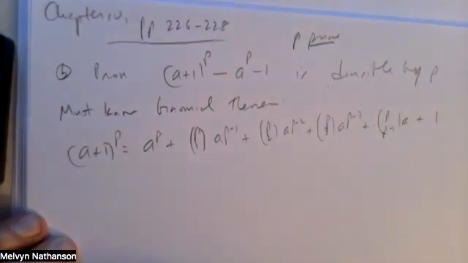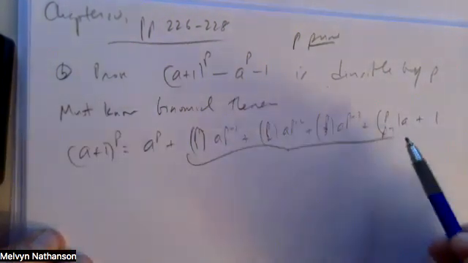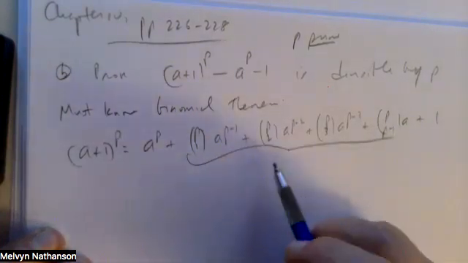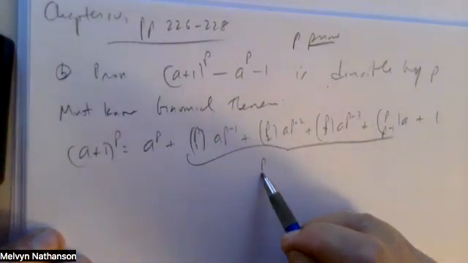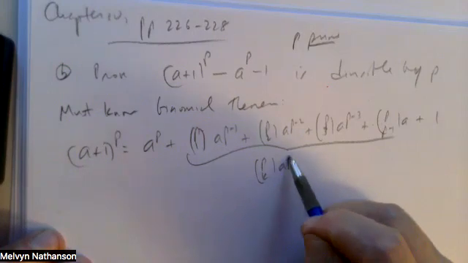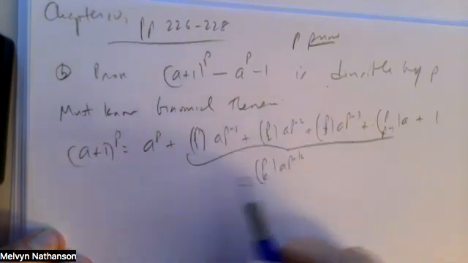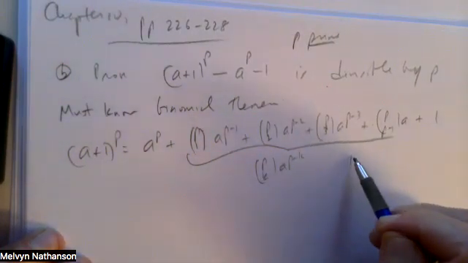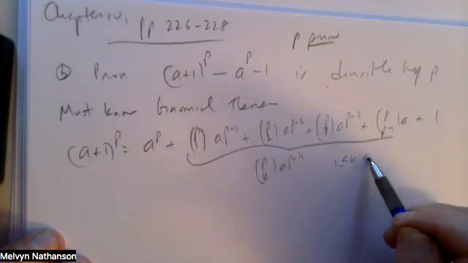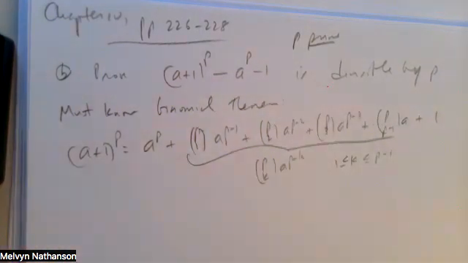That's the binomial theorem. And in all of these terms, you have an expression of the form p choose k, a to the p minus k, where k is between 1 and p minus 1.